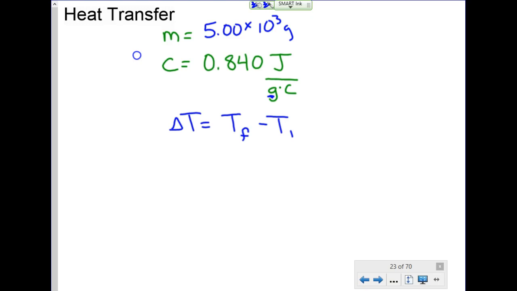It's heating up. The way I know is the second measurement that's given is 25.0 degrees Celsius. The first measurement that's given is 15.0 degrees Celsius. That means that it has increased by 10.0 degrees Celsius.